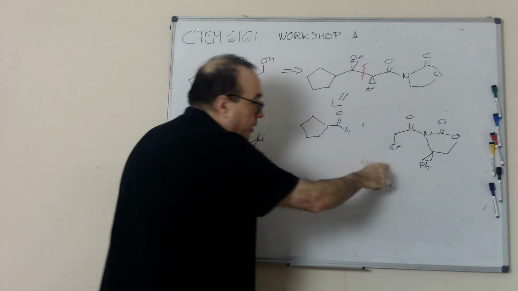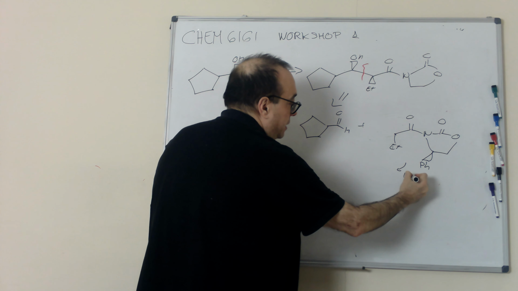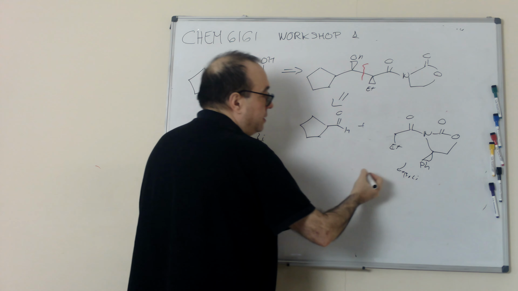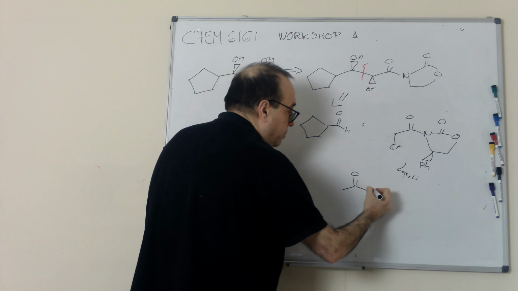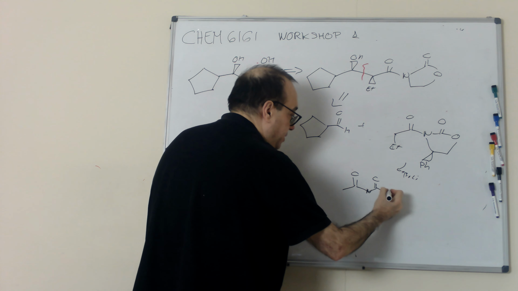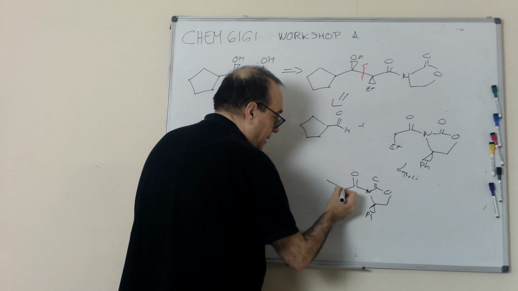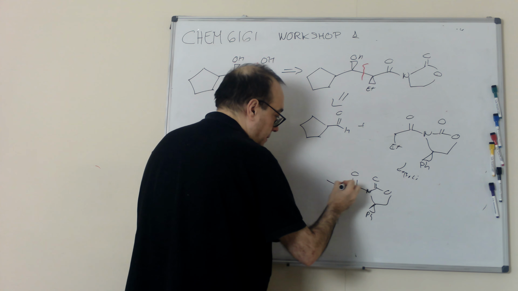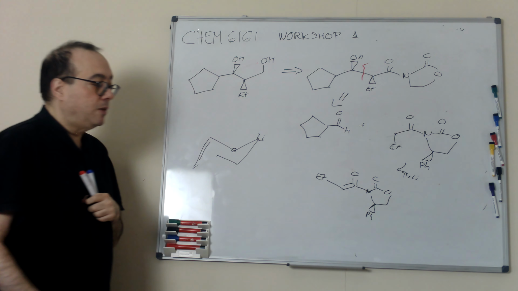Remember that when we are forming the enolate, we are using butyllithium, or tert-butyllithium, or LDA, or whatever you want to use, the enolate that we form with the Evans auxiliary, remember, is always the cis one.